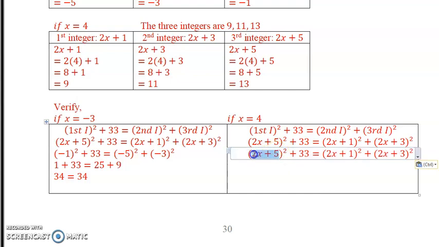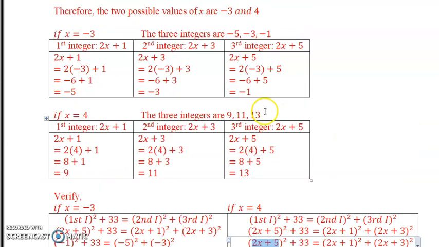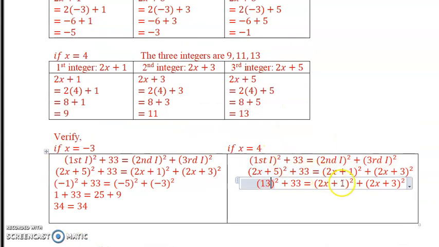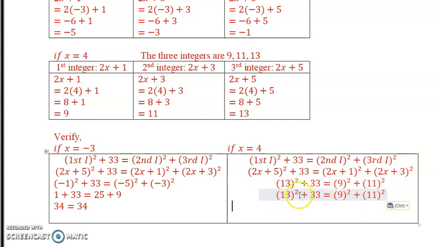So first integer, 2x plus 5, that would be the largest of the integers, which would be 13. And then the smaller two integers were 9 and 11. And we square 13 and we get 169.